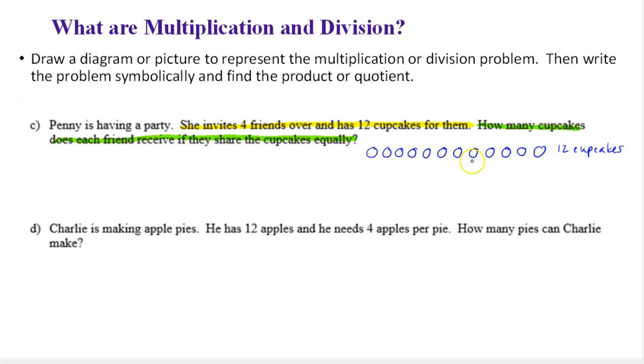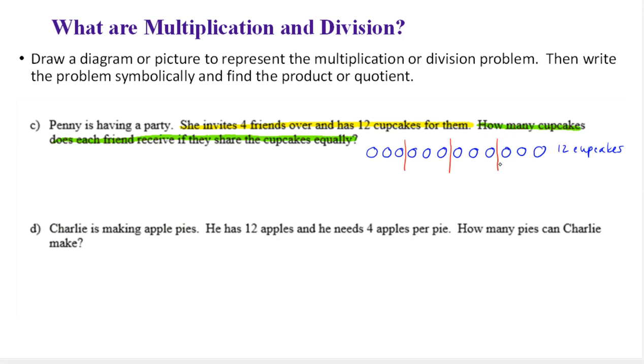4 friends. So there's a lot of ways we can do this, but I'm going to use the fact that these are nice numbers. And notice if I split the cupcakes in half, 1, 2, 3, 4, 5, 6, so that's 2 groups. I will have 2 groups of 6, and now I'll break these groups in half.